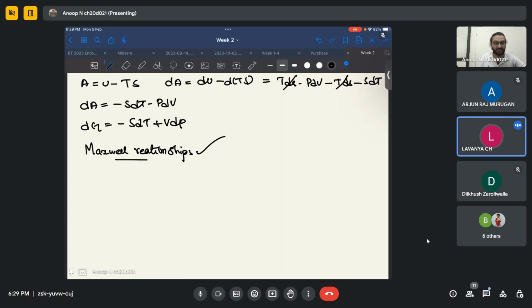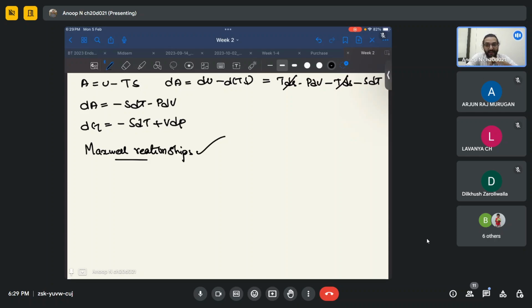When we try to solve something, there will be some unknown quantities. Suppose we do not know what dP by dS is. We cannot directly get the value. So using a Maxwell relation, we can replace dou P by dou S with dou T by dou V, that is the change in temperature with volume at constant entropy. That is a measurable property.